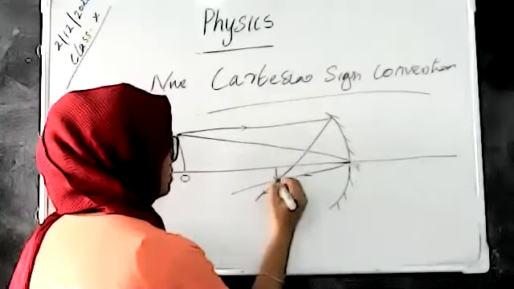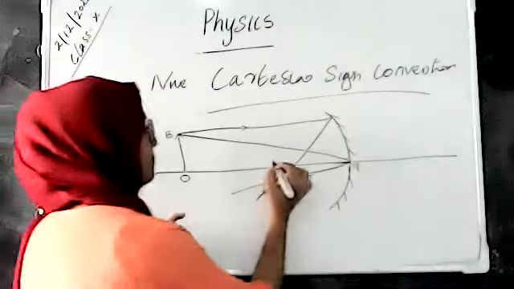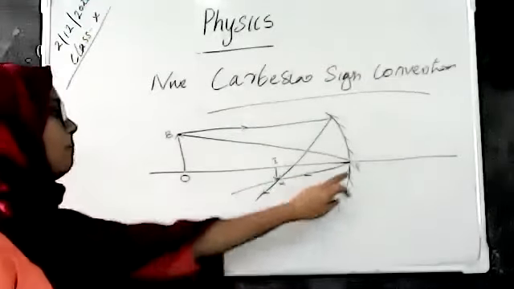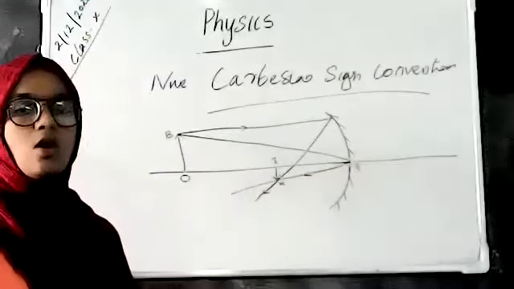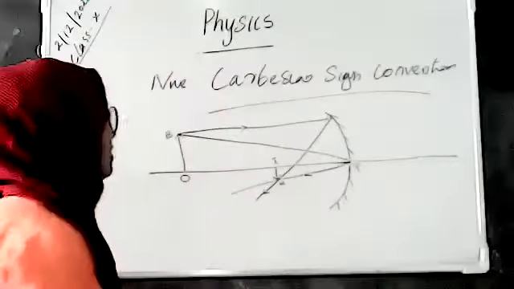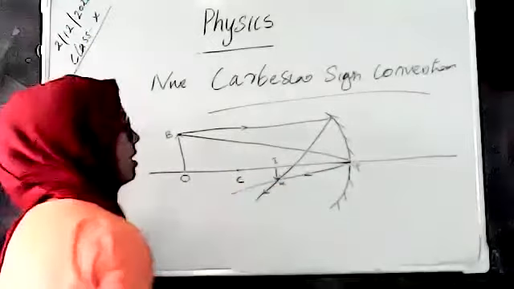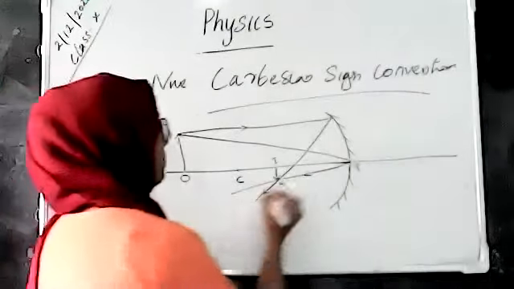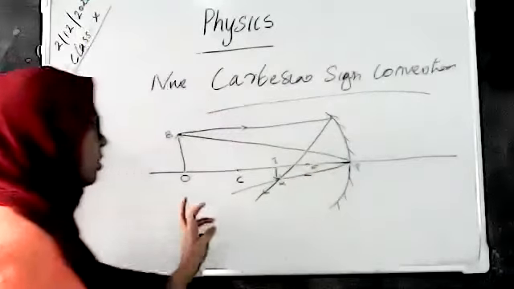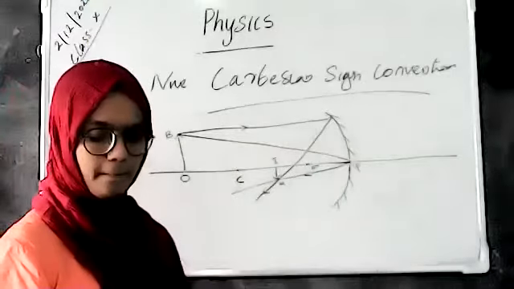Here the image is formed. OB is the object, IM is the image formed, P is the pole of the concave mirror, and here are C and F, the center of curvature C and the focus F. So the image here is formed between C and F.